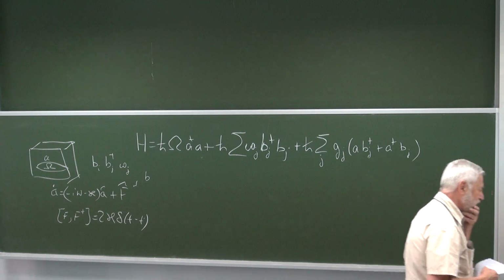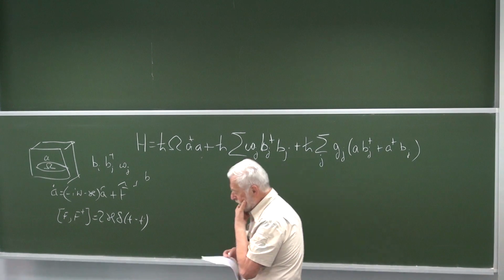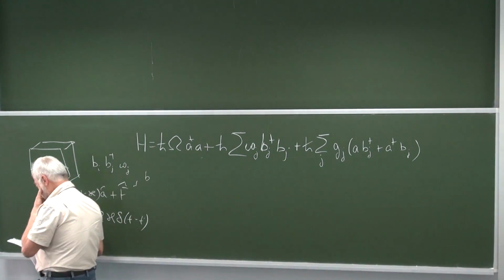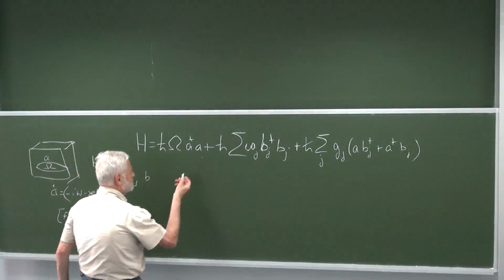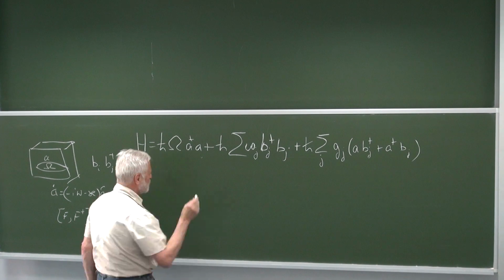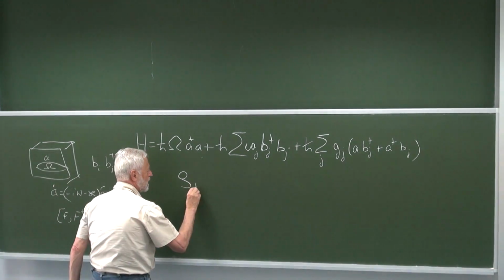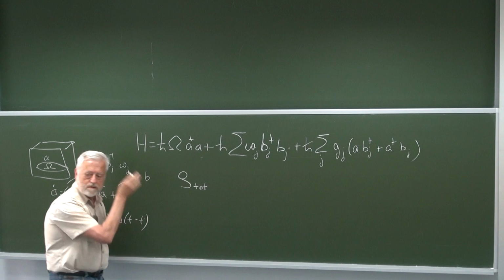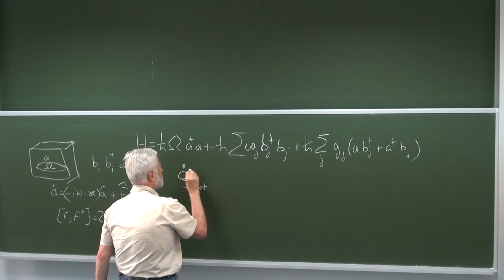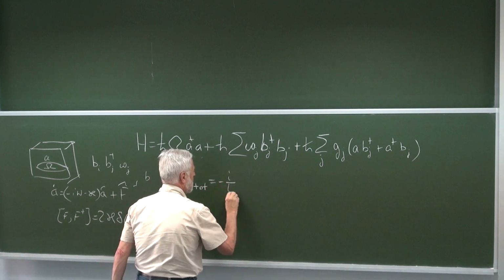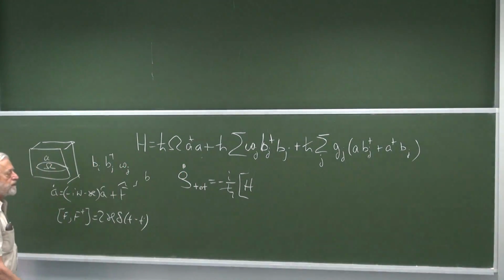So our starting point is what some people call the von Neumann equation, for the density matrix of the total system, the field inside plus the bath.